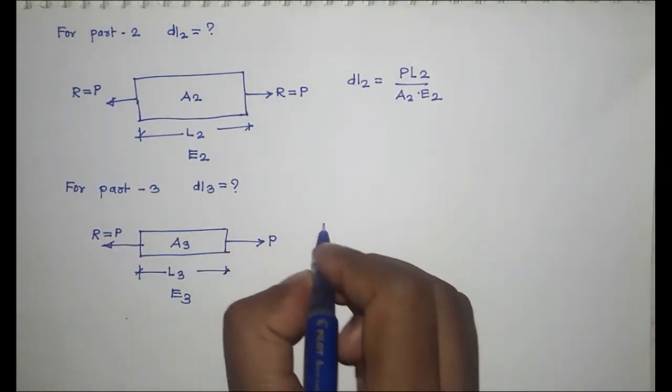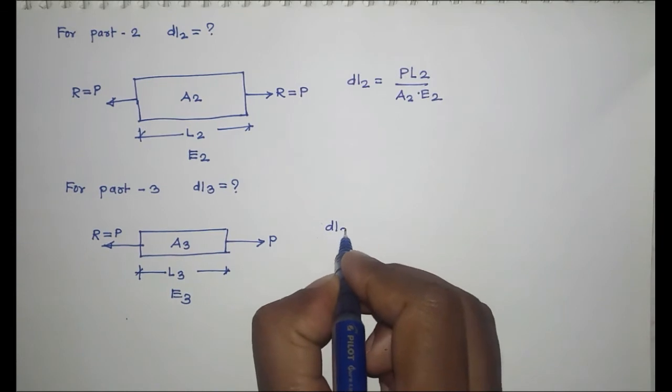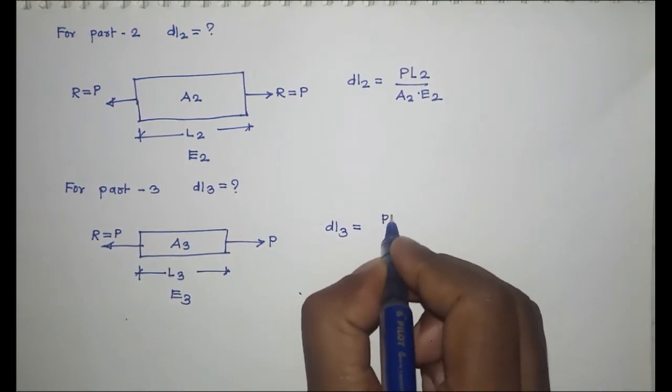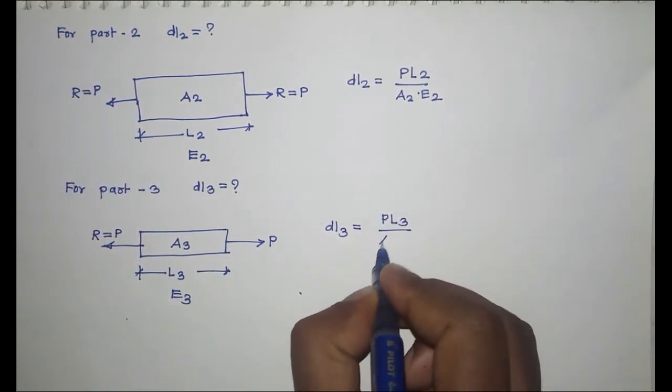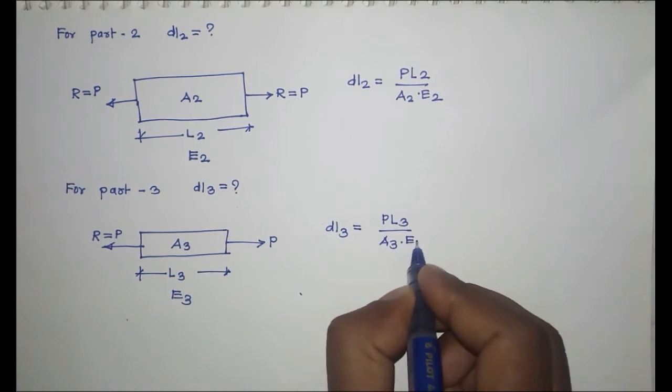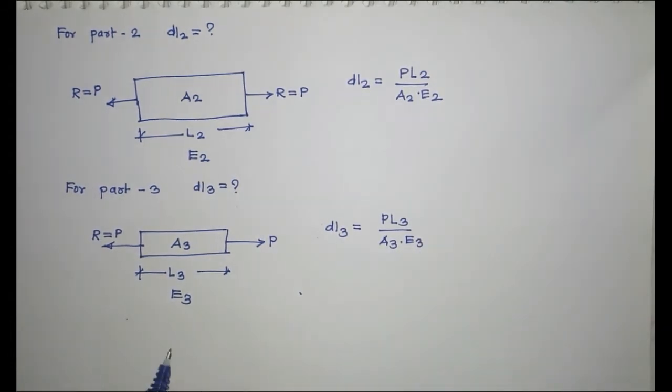And from the same concept, dl3 is equal to PL3 divided by A3 into E3. Now we know that dl is equal to dl1 plus dl2 plus dl3.